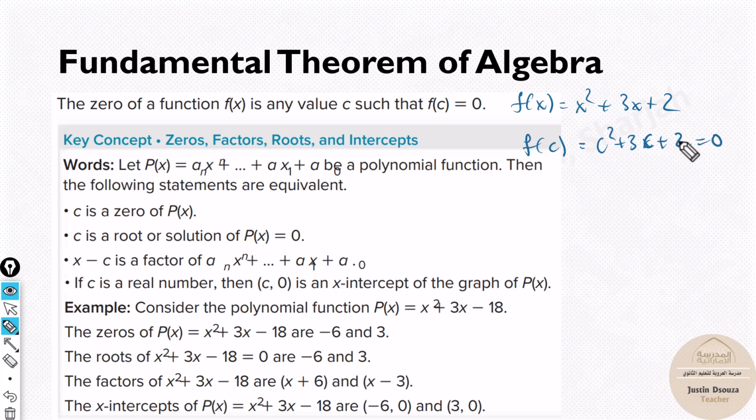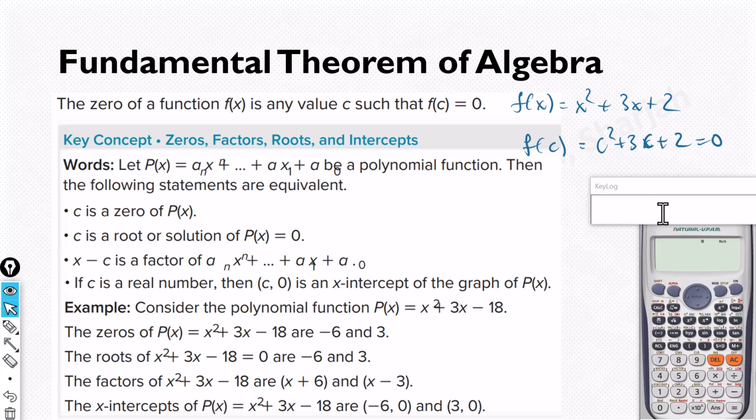Now we can use MODE 5, 3 and easily solve this. You can follow what I'm typing in the calculator from the key logs. Let's go to MODE, 5 for equations and 3 for quadratics. Now what are the coefficients over here? The coefficients are 1, that's before c squared because there's nothing, it's 1. Then press equal to, next one is 3, and then lastly we have 2.